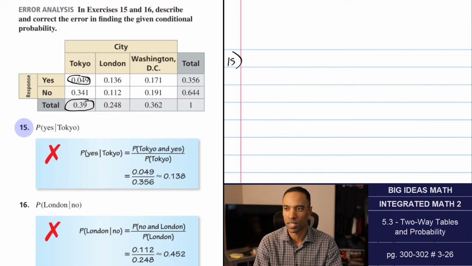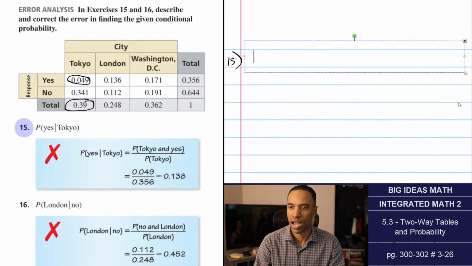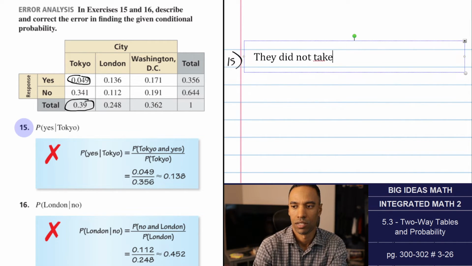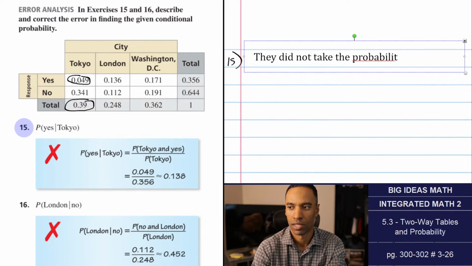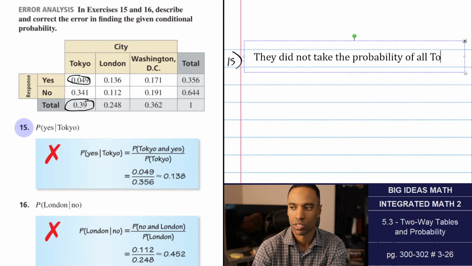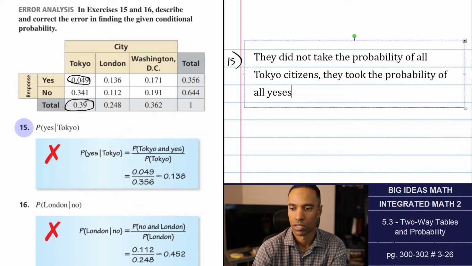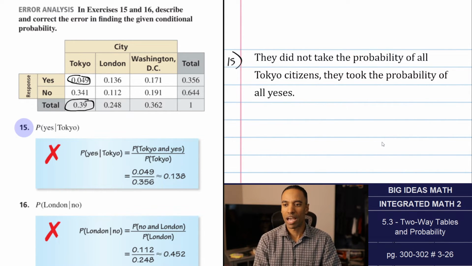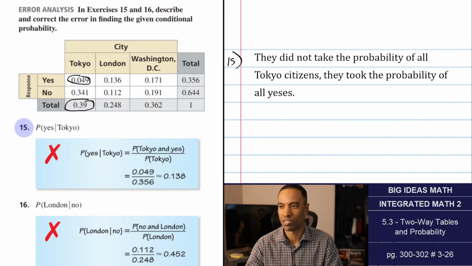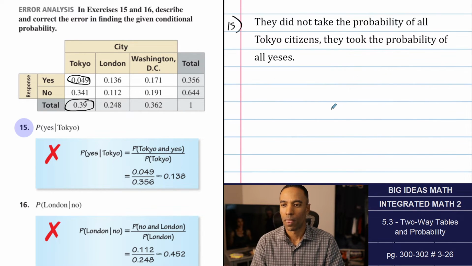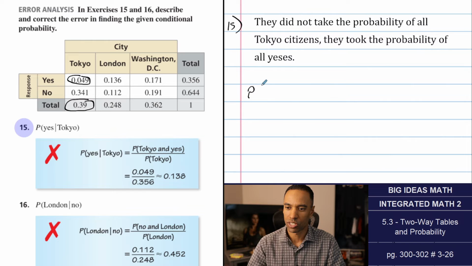So for number 15, they did not take the probability of all Tokyo citizens. They took the probability of all yeses. I never typed out yeses to see if it's a word, but it is, and I guess it makes sense that it is. So, probability of yes given Tokyo.